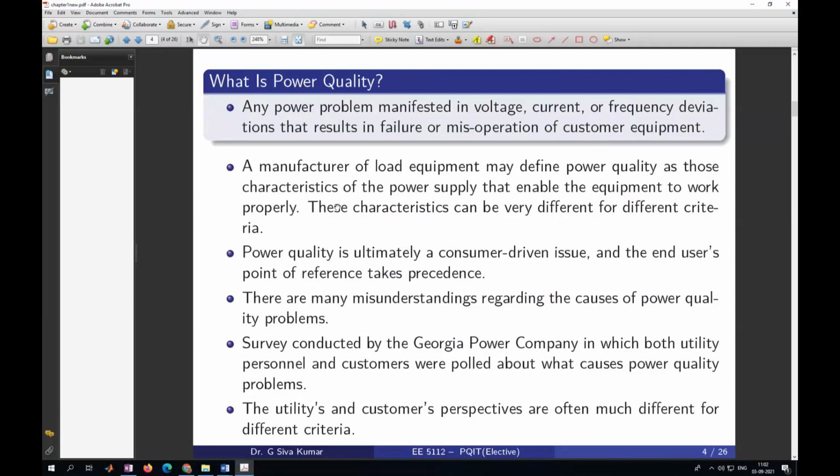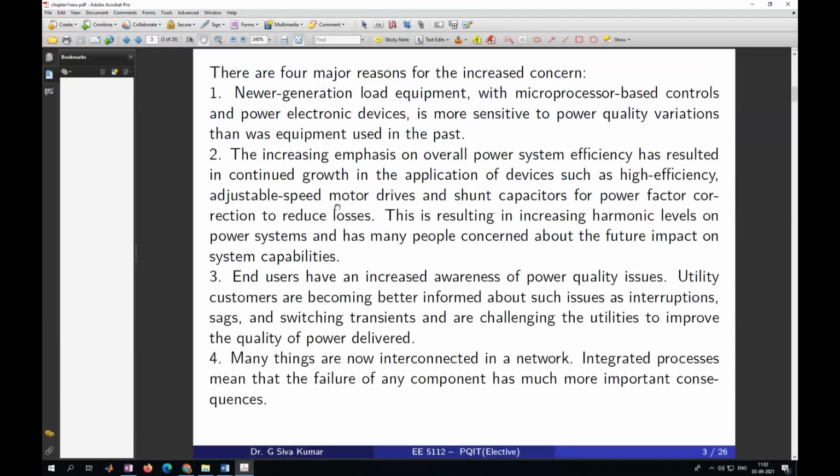And why we need to be concerned about power quality issues in the coming future grid, with respect to the end user as well as the utilities.